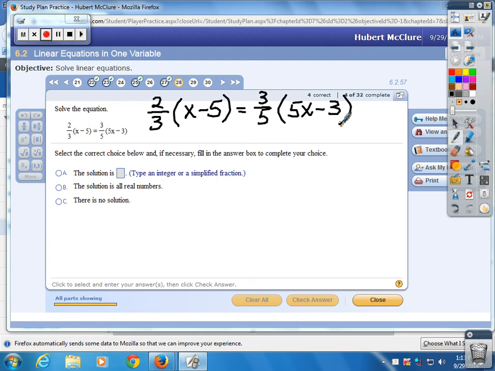I think I'd rather clear the fraction. What's the common denominator? 15. So I'm going to multiply by 15 over 1. Put a baby step in here for you.